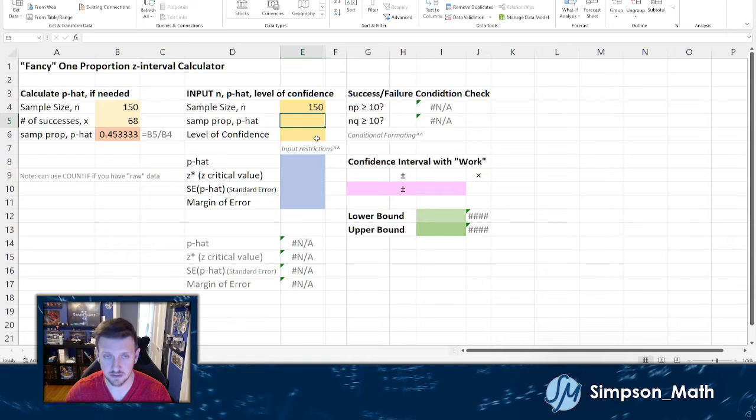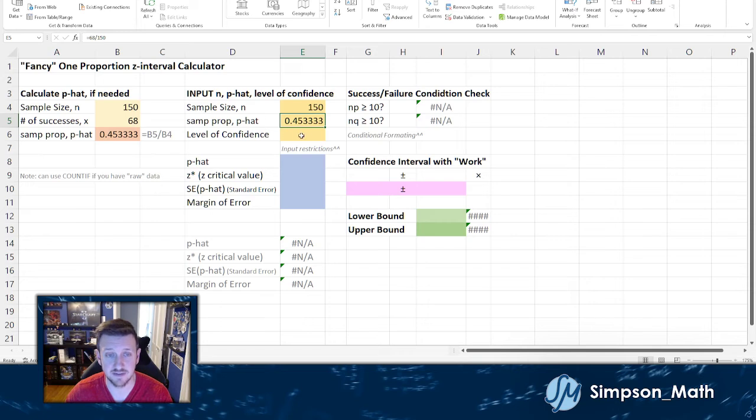It does include 0 and 1. Notice I can type in 0, or I could type in 1, but that shouldn't really happen. But notice if I plug in 1.12 or 1.2, it's angry, but 0.12, it's fine. But I'm going to go ahead and say equal to our 68 over 150, just typing in the number so that we get that appropriate decimal approximation.